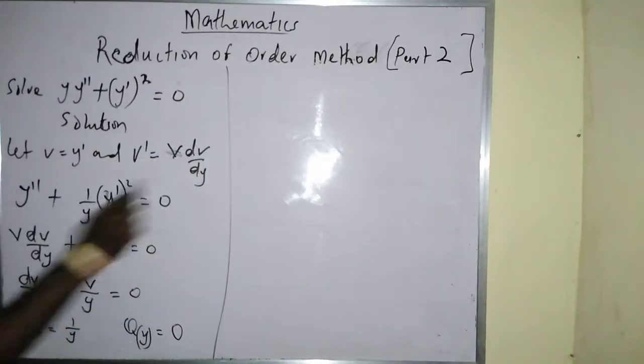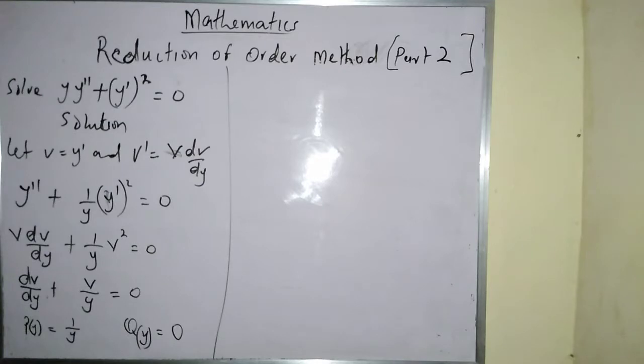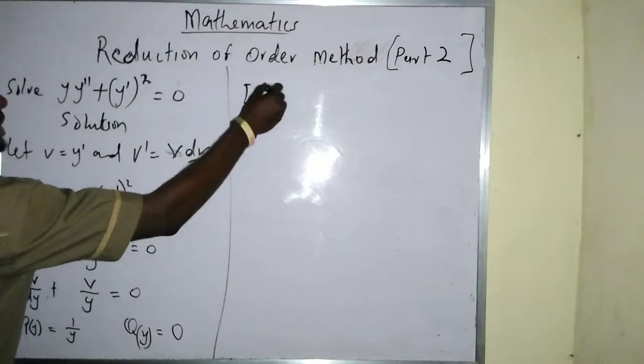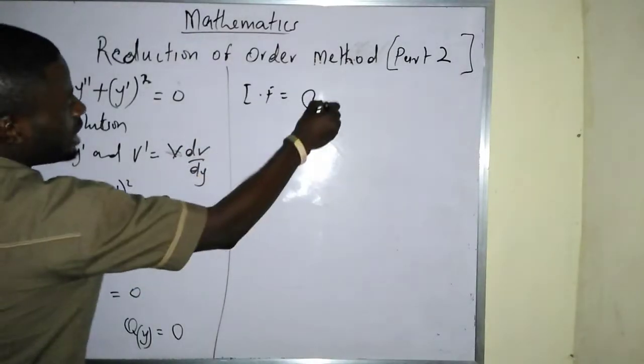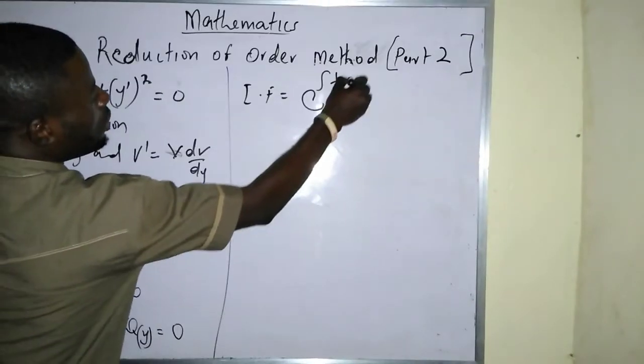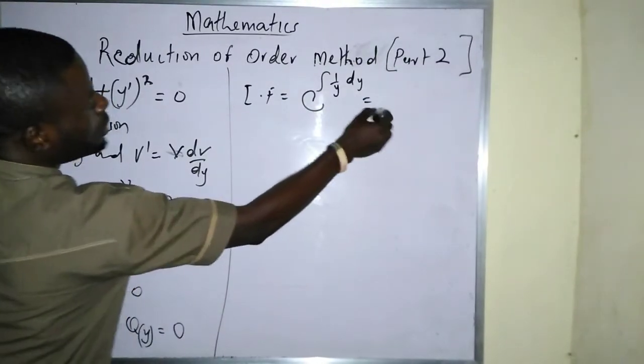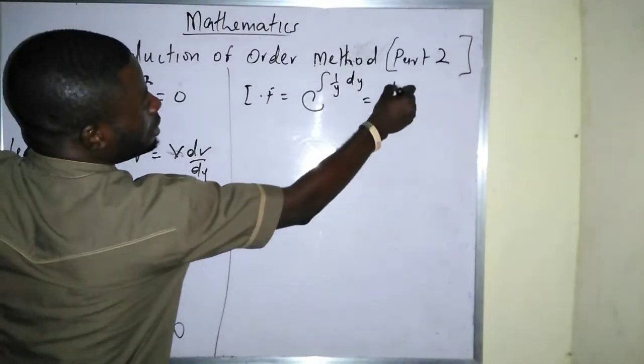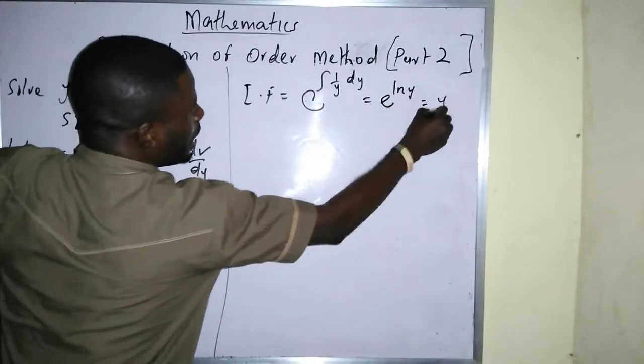Now, since I know that, what is my integrating factor? My integrating factor can be the exponential of the integral of p, which is 1 over y dy, which is equal to ln y, which gives y.